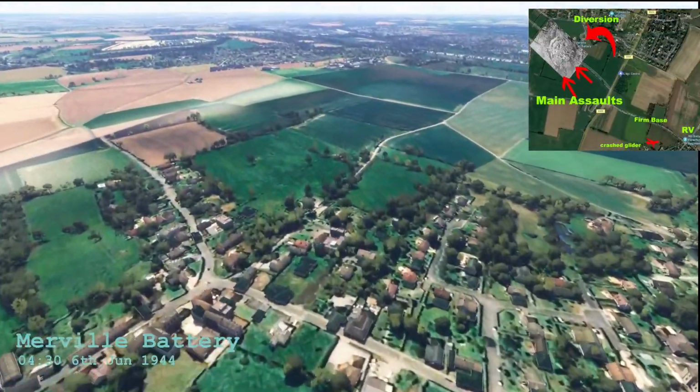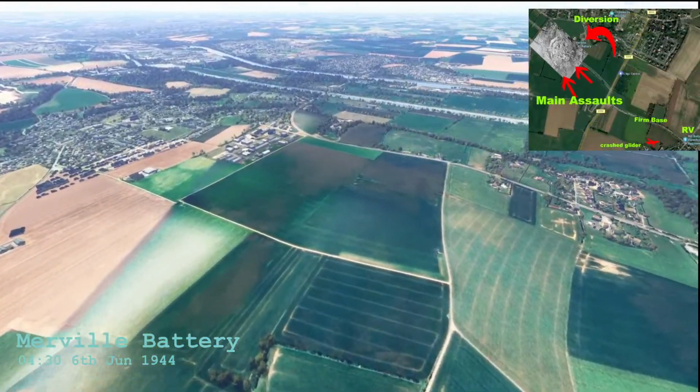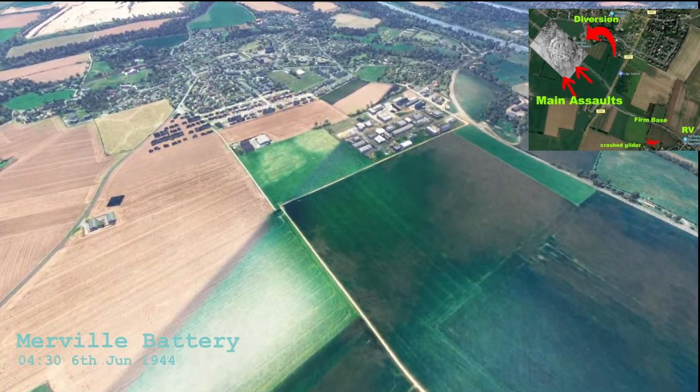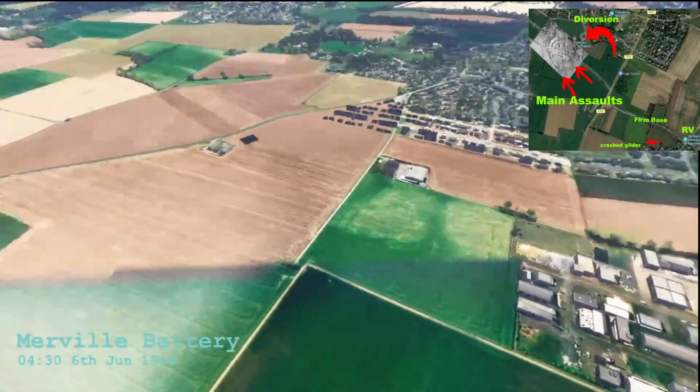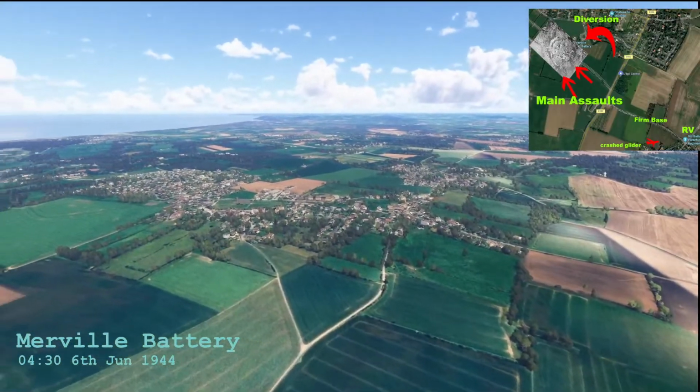You've got the Pegasus Bridge and Horsa Bridge here. This is Ranville, where the 7th Battalion is forming up their headquarters.